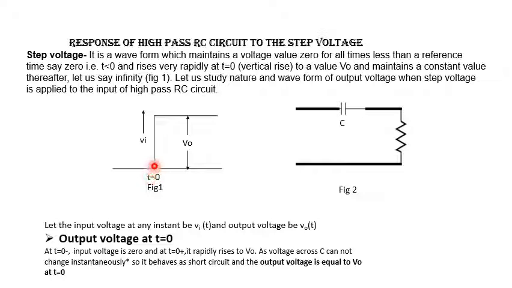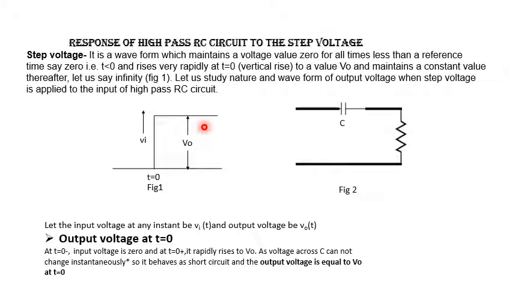It abruptly rises at the reference time, that is t equal to 0. The rise is almost vertical, and after that it becomes V naught, which remains constant forever, that is, till infinity.